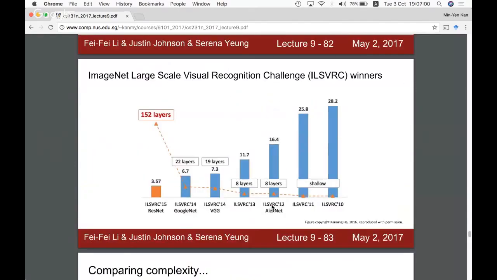So moving on. We see a trend from 2010 to 2015 of how the networks have gone from shallow, to slightly deeper, to very deep networks in 2015. Going from 22 to 152 layers is a huge change.